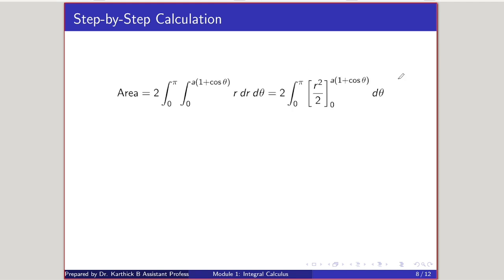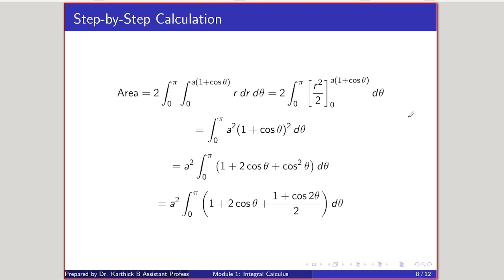In the next step you will get r square by 2 between 0 and a into 1 plus cos theta. Then we substitute the limits instead of r square, and the 2 gets cancelled. Instead of r square, you substitute a into 1 plus cos theta, which makes a square, separately, times 1 plus cos theta whole square. We have studied the formula for a plus b whole square.